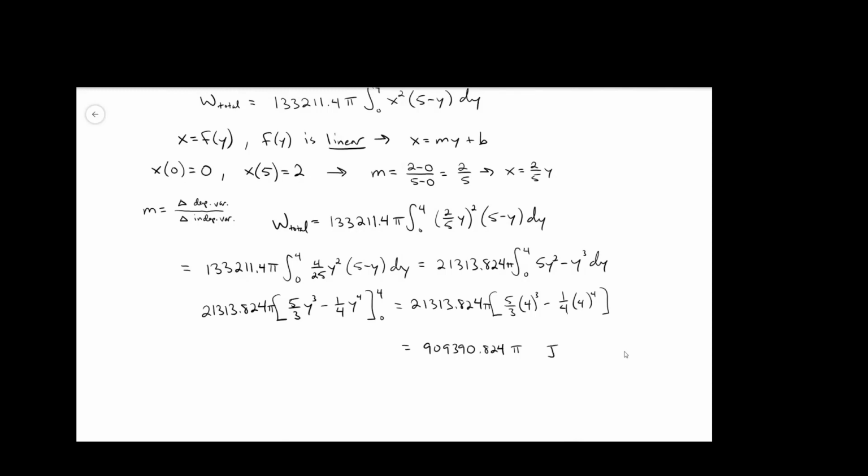And let's go ahead and multiply that by pi so that we can get an answer that doesn't have pi in it. If we do that, we get 2.8. And that's probably good enough for precision there. We don't need to go crazy on that. Joules. So about 2.8 million or so. 8 million joules.